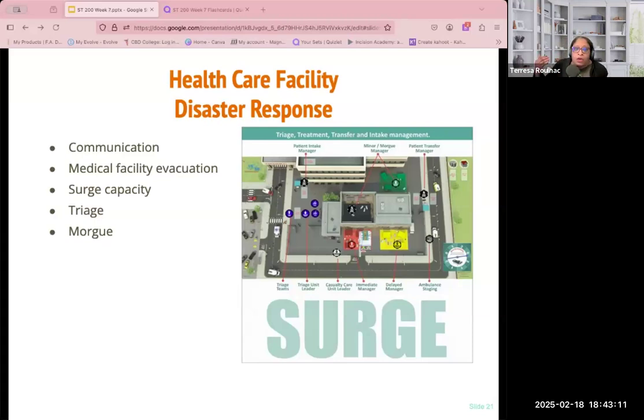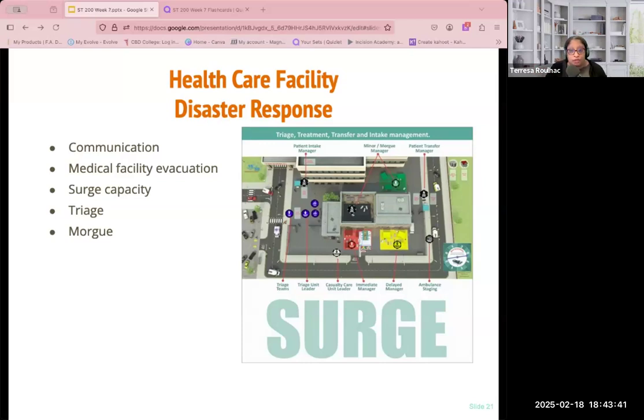Now, we're still looking at our instruments. We're still making sure our sterile fields are ready for immediate use and supporting operating room teams during high priority surgeries. But you see morgue up there, right? We have to talk about it. In large scale disasters, healthcare facilities often need to manage a morgue to handle deceased individuals.